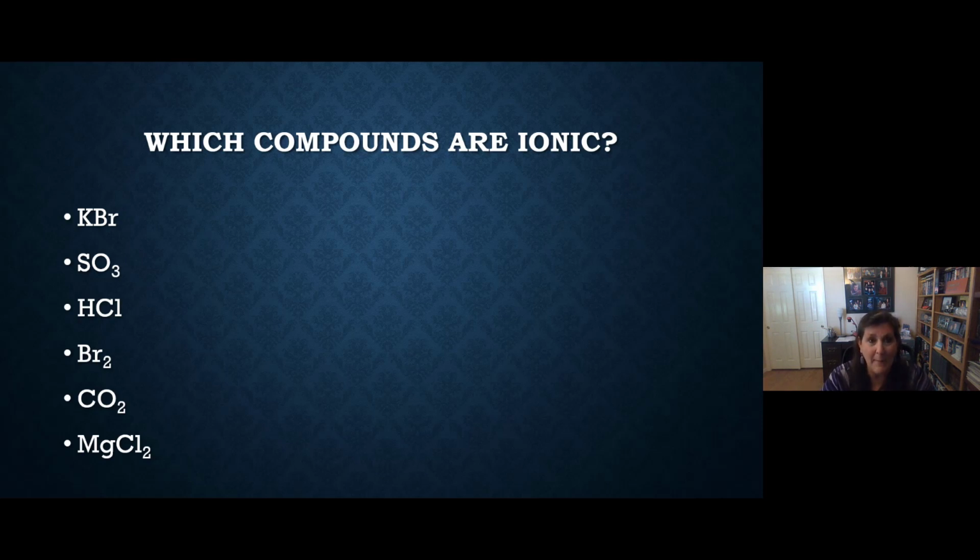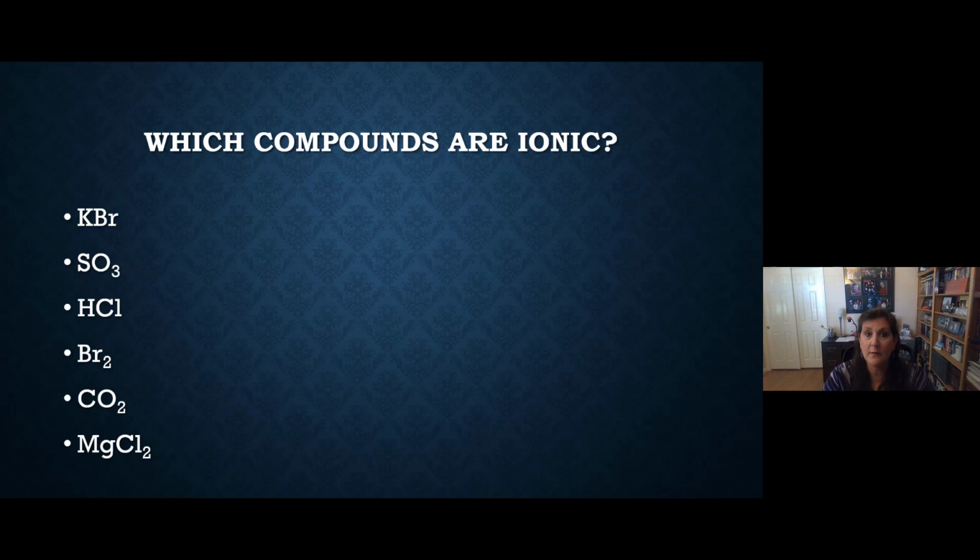We have a metal and a nonmetal. Good job. SO3, covalent. It's a nonmetal compound. HCl may have tricked you. Hydrogen is over here with the metals, but it's a nonmetal. So HCl is covalent.